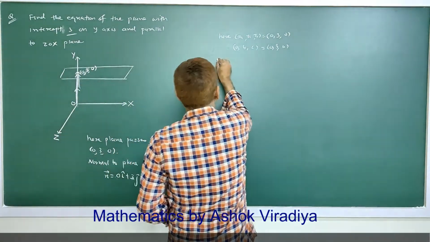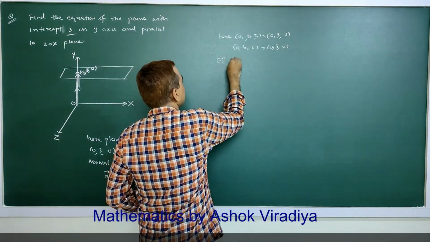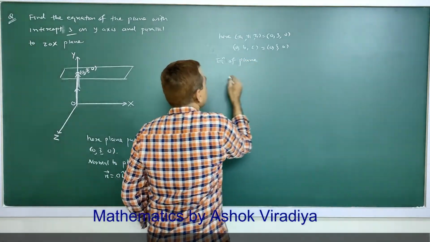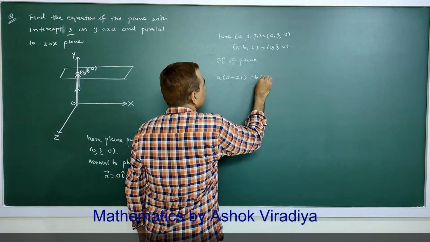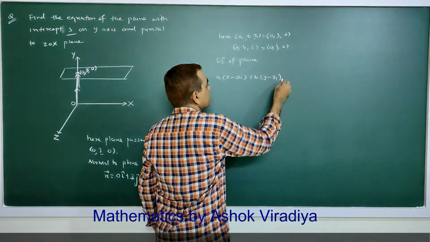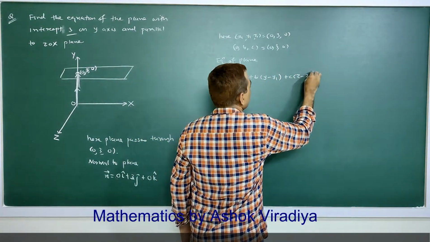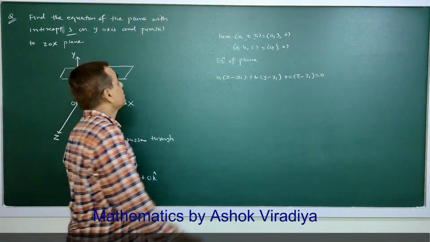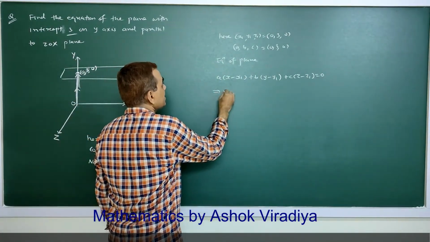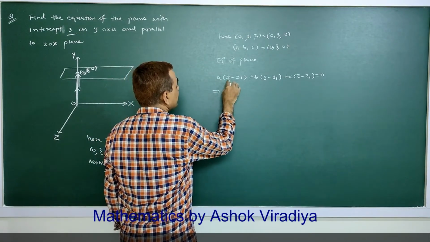So the equation of the plane is A into x minus x1 plus B into y minus y1 plus C into z minus z1 is 0. A is 0, and 0 into anything is 0.